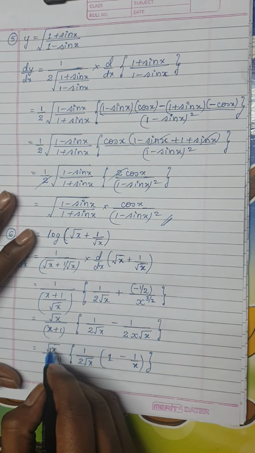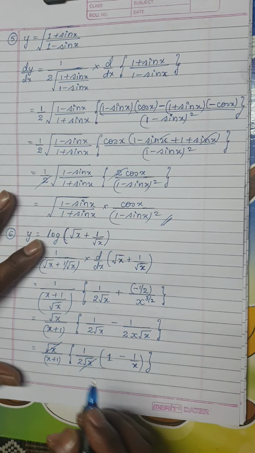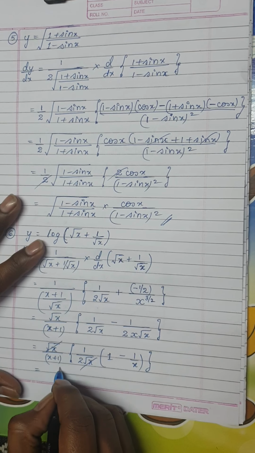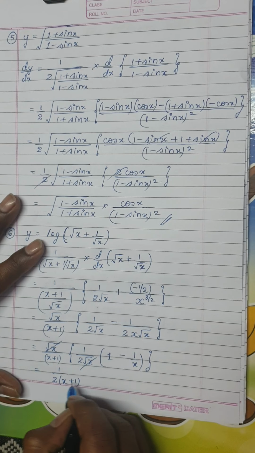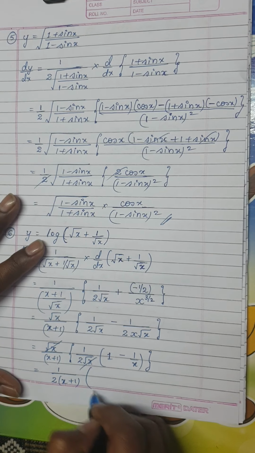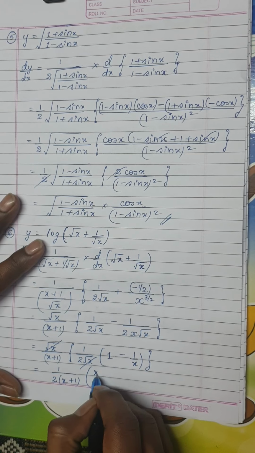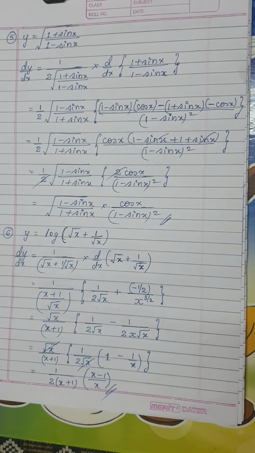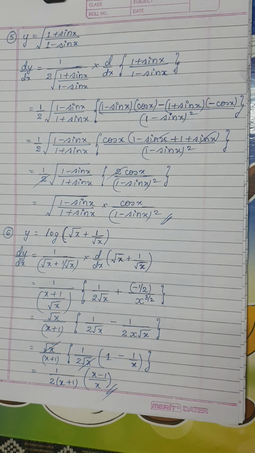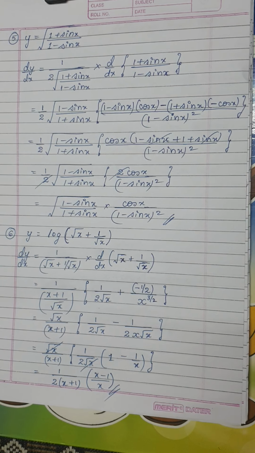Okay, now this root x and root x get cancelled. So I'm just left over with 1 divided by 2 into x plus 1. Okay, 1 divided by 2 into x plus 1. And if you take the LCM, you will get (x minus 1) divided by x as the final answer. Okay, so this is the derivative of the given function.